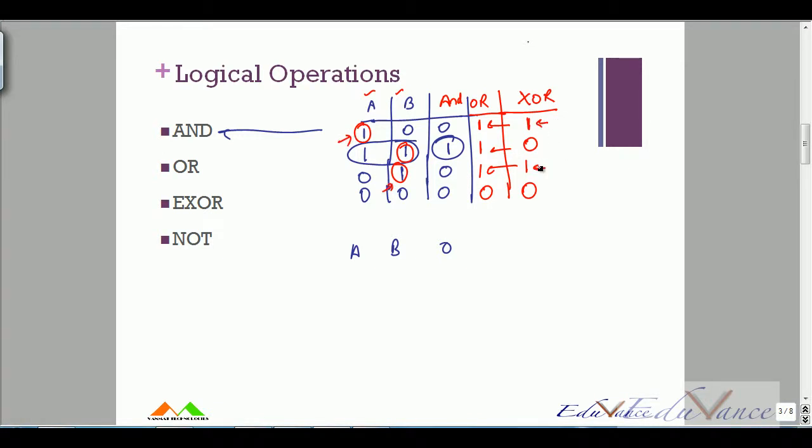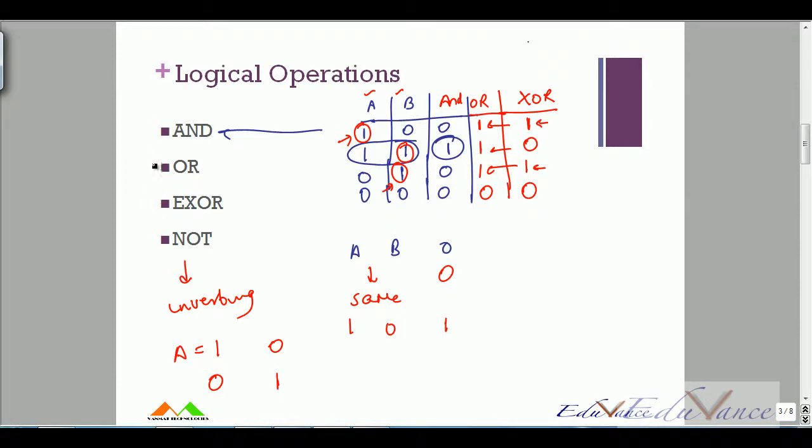Another way of looking at this is that if both of them are the same, then my output is 0. If they are different, then my output is 1. And NOT is basically just inverting. It's a single-input gate: if A is 1, output is 0. If A is 0, output is 1.